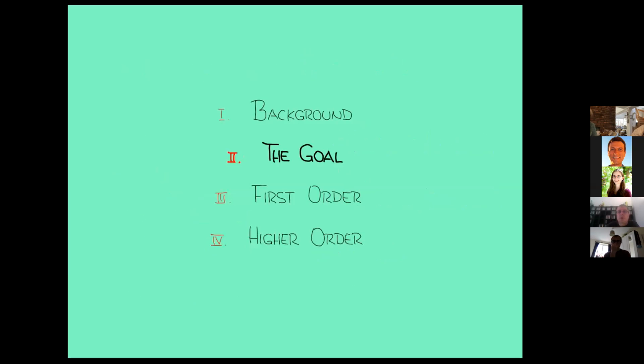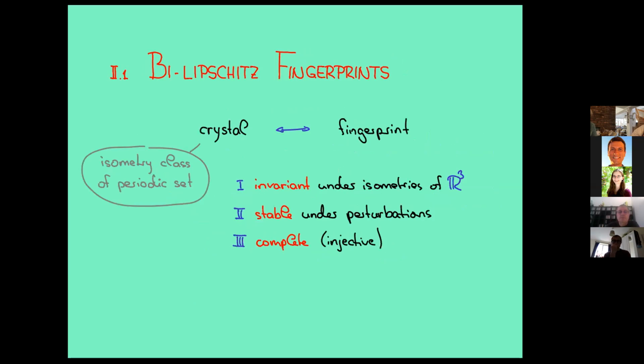which brings me to why we do this work. Namely, our goal is to define a fingerprint for crystals or crystal structures. And a crystal structure we model as an isometry class of a periodic set. So this is a periodic set together with all translations, all rotations, and also reflections.